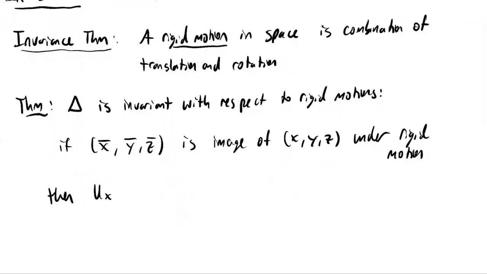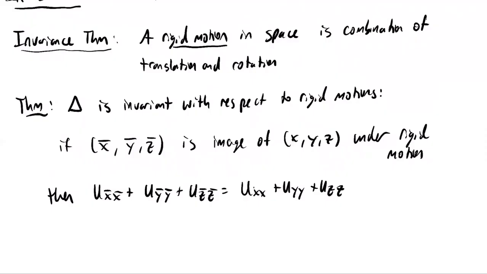So then u_x bar x bar plus u_y bar y bar plus u_z bar z bar, which is the Laplacian in the new coordinates, is equal to the standard Laplacian.